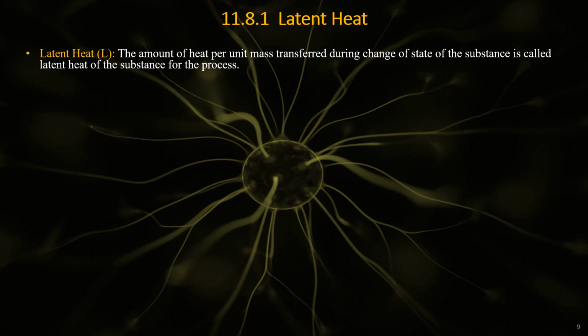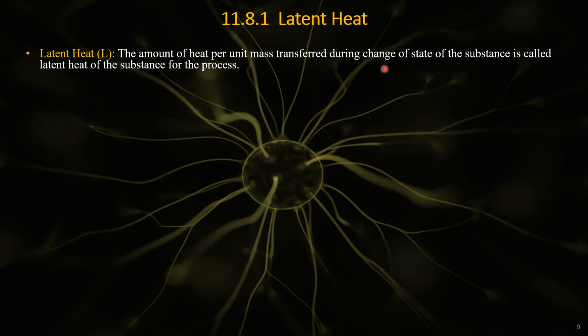It is represented by the letter capital L. Hence, latent heat L is the amount of heat per unit mass transferred during the change of state of the substance.